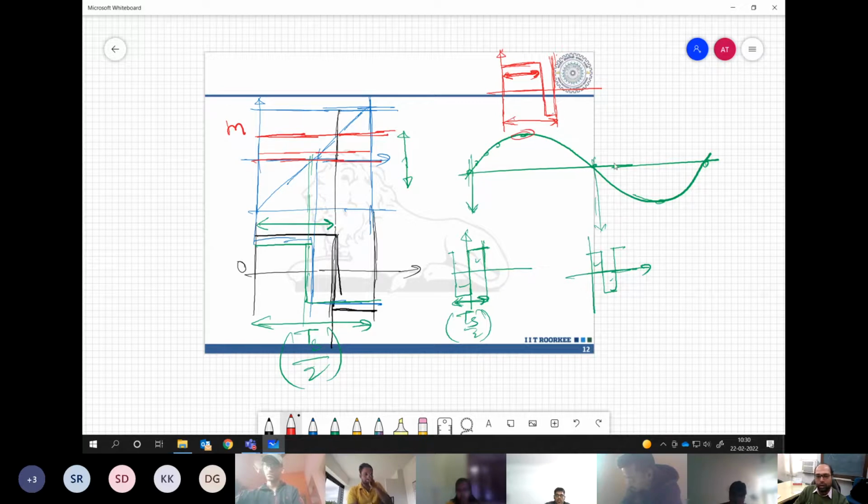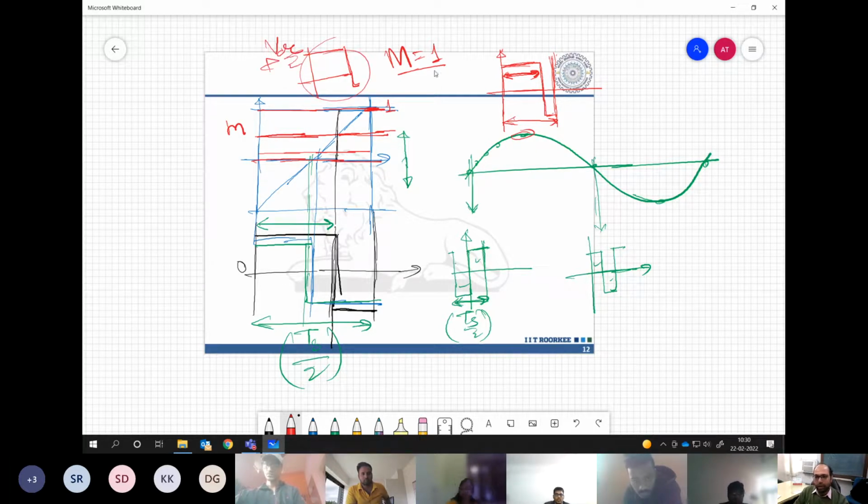Now, if you have a modulation index of 1, your modulating signal is actually sitting at the top of the carrier. So there will be only constant positive and no zero, no negative. This is the maximum limit, where we are realizing Vdc by 2 peak value.